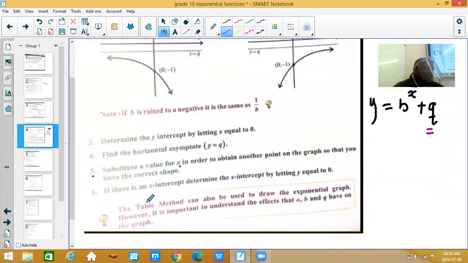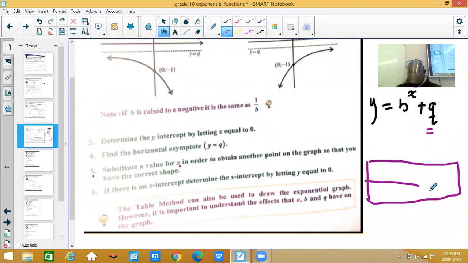Now, you can also use the table method to plot points for the graph. You remember the table points that we used in the lower grades, 8 and 9.